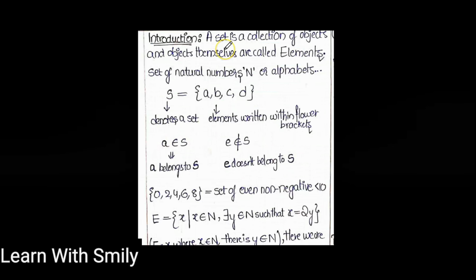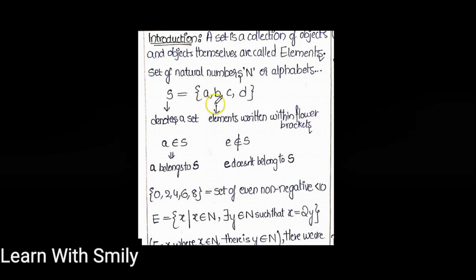What is a set? A set is a collection of objects, and these objects are called elements. Suppose we take an example of a set of natural numbers or a set of alphabets. This is the representation of a set. The capital letter denotes the particular set we are taking, and the elements of that set should be written within the curly brackets.